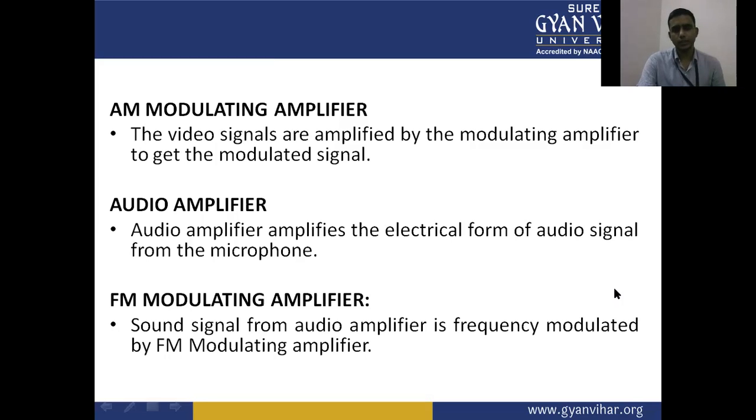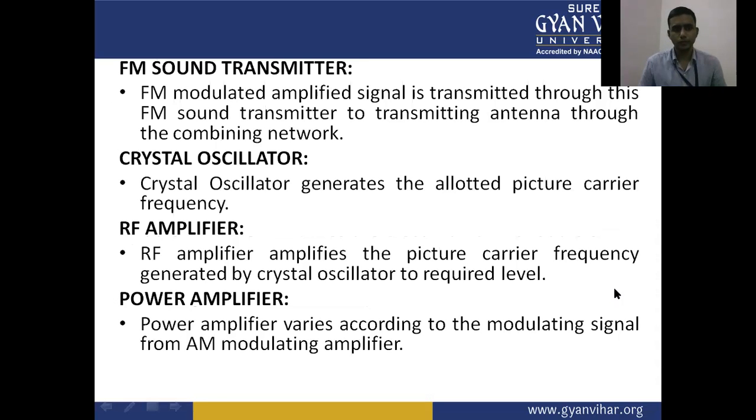In the transmission section, two modulations are performed. One is the amplitude modulation for the picture, and the second is the frequency modulation for the sound. The FM modulated amplified signal is transmitted through the FM sound transmitter to the transmitting antenna through the combining network.